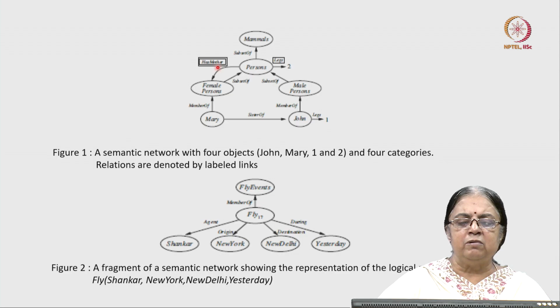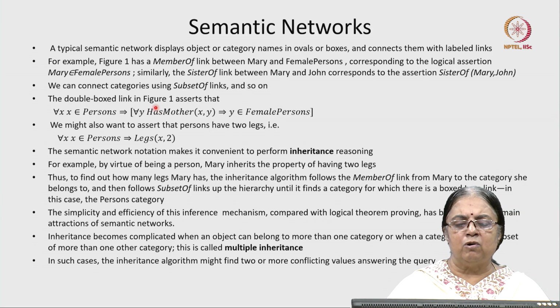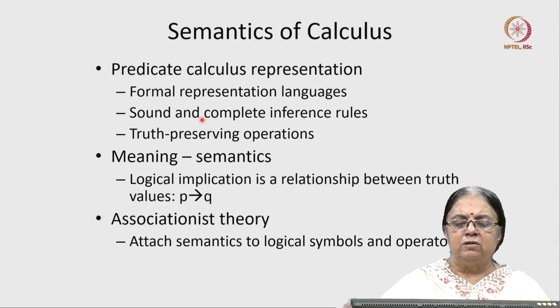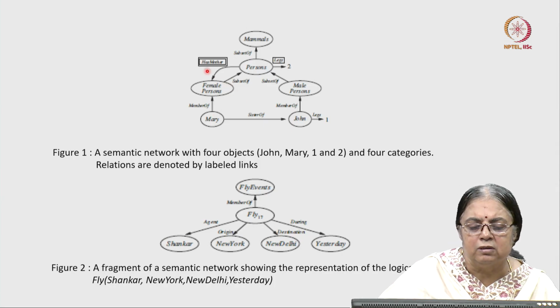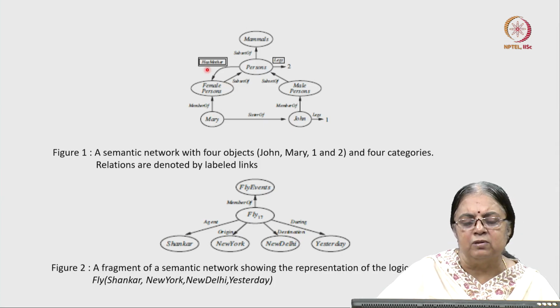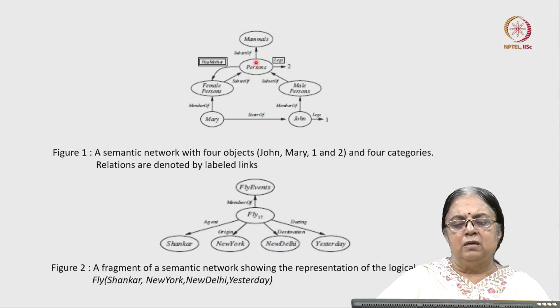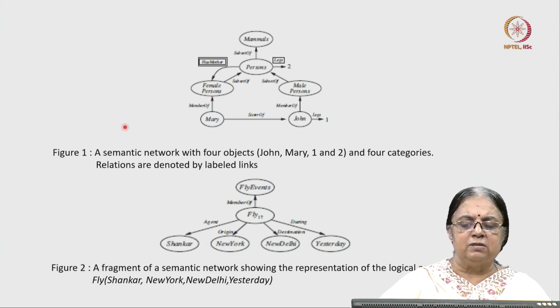Then we have the link which is associated. For example, here you have this link which is associated with this double box. So, what does that box represent? The double box represents something like this. What you are saying is that person has mother, and that comes back this way because that is a female person.